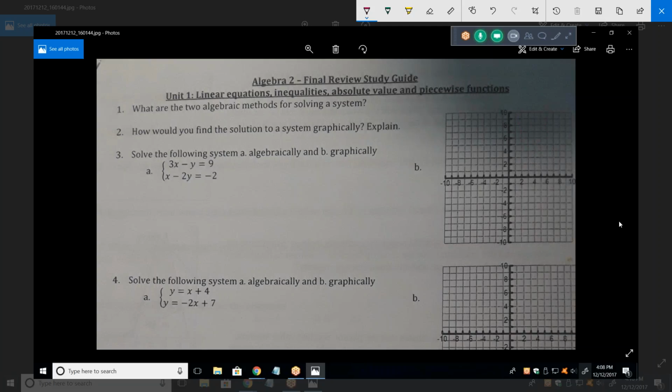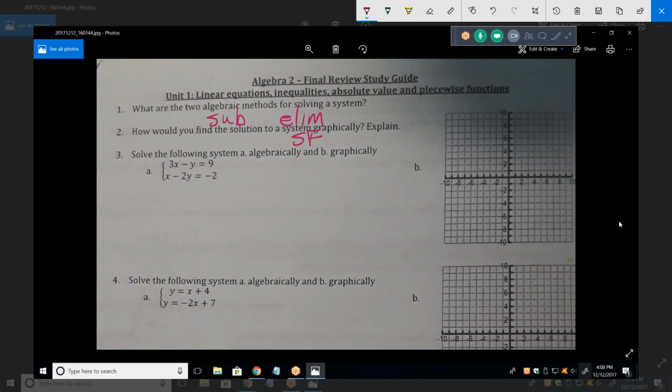So, for problem 3A, which of our methods are we going to use? We have substitution and elimination. You can use one of them, you've got to recognize where you're going to use it. What am I going to use on 3A? Elimination. Yeah, and you use elimination whenever it's in standard format.